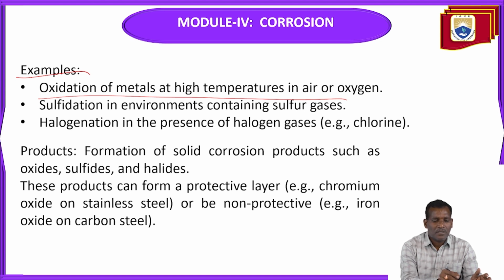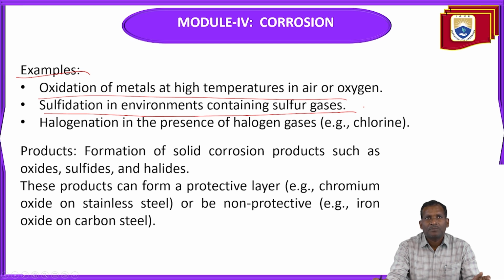Sulfidation occurs in environments containing sulfur gases. Whenever the environment gases contain sulfur, there will be chances of sulfidation. If oxygen is present in the environment, that is the oxidation process, and you already know that due to oxidation, corrosion happens. Sulfidation due to sulfur gas is called dry corrosion.